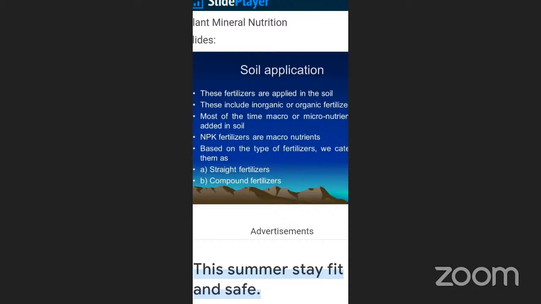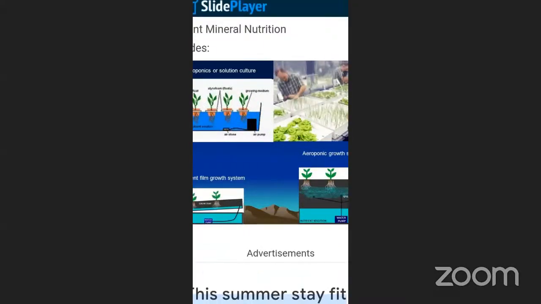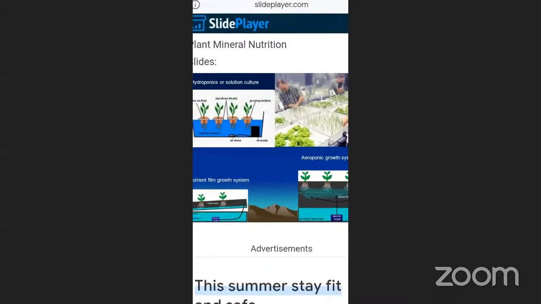The next one is hydroponics. What is hydroponics? Hydroponics is a technique that involves growing plants without soil, cultivating them in water culture only.